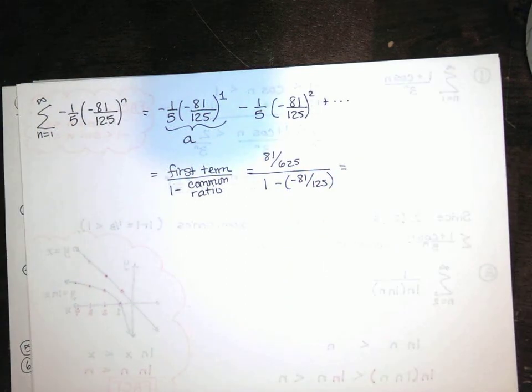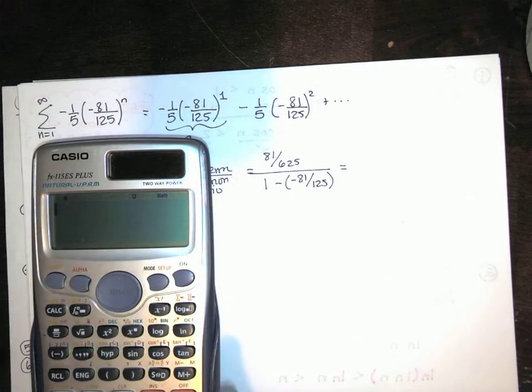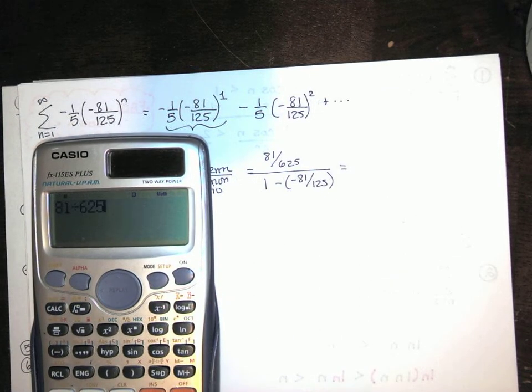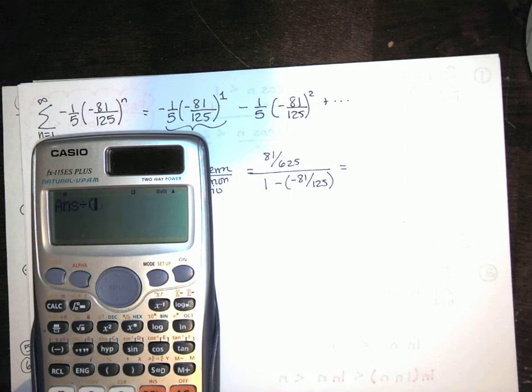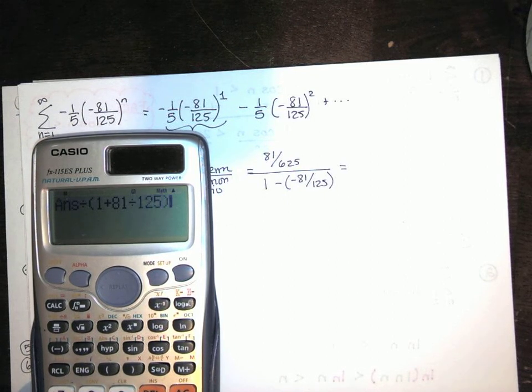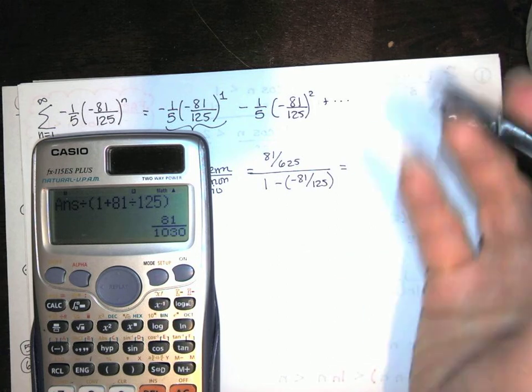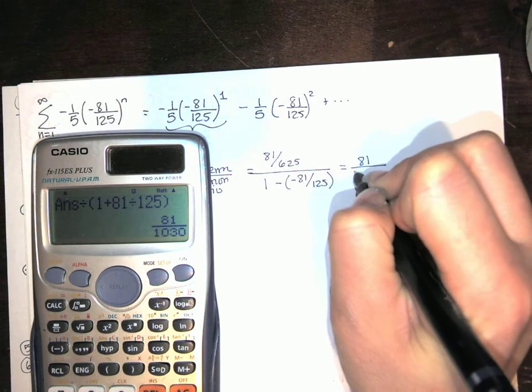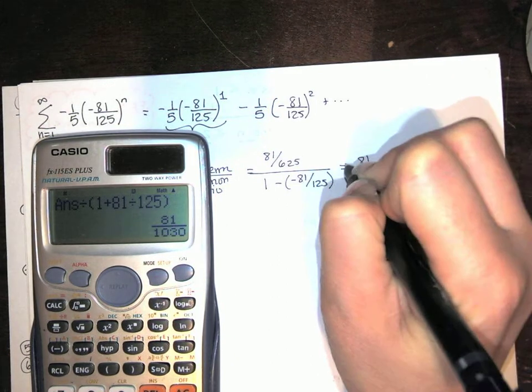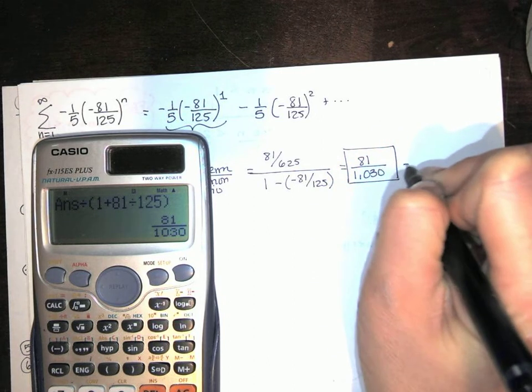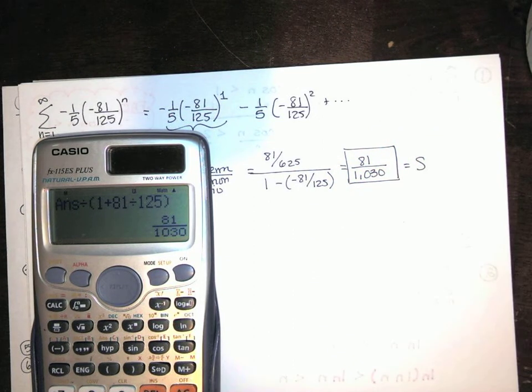And we could practice adding and subtracting fractions and dividing fractions, but I'm just going to use a calculator so that we don't spend our whole calculus video doing arithmetic. And so we get 81 over 1030. That's the sum of the series. If you add up all of those terms, you're going to get that.